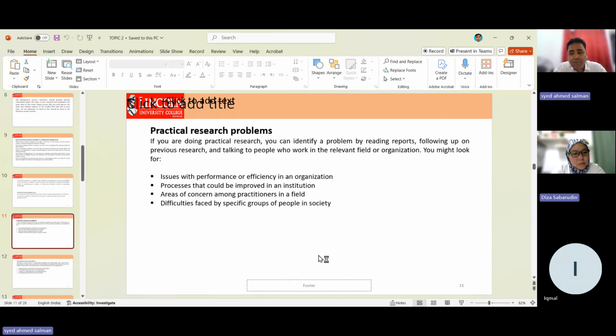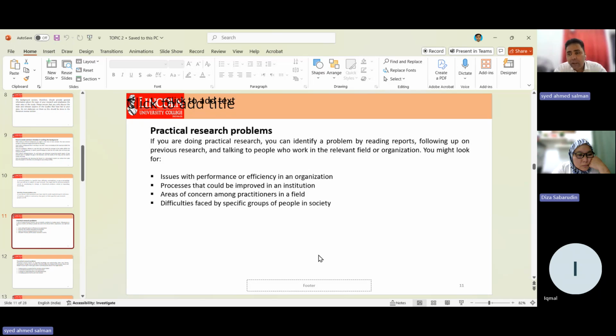Yes. For this type of problem, you have to provide the solutions. Am I right? Yes. This is one example of a practical research problem. The second example, processes that could be improved in an institution. You have to do some adjustments. If you do some adjustment, then only the organization could be improved.